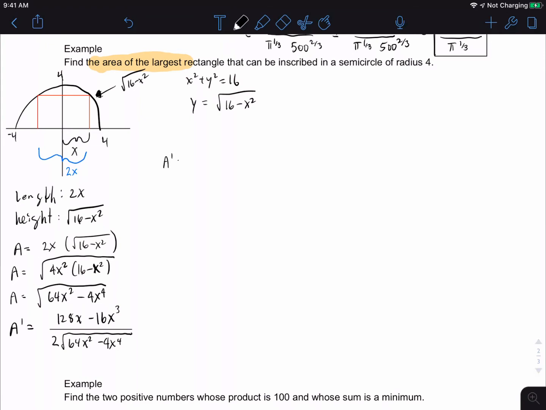Okay, and then from there, I'm going to factor out some things that they have in common. 16 can come out. So I'm going to get 16x, and that's going to give me 8 minus x squared for the numerator, and on the denominator, I'm now going to be able to pull out some stuff. I can pull out a 4 and an x squared, so that's going to give me 2x being pulled out, and what's left on the inside is going to be 16 minus x squared.